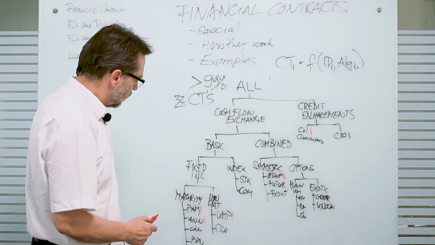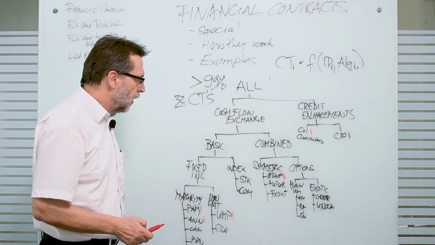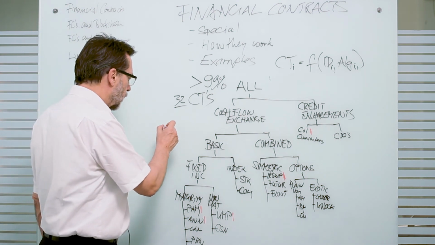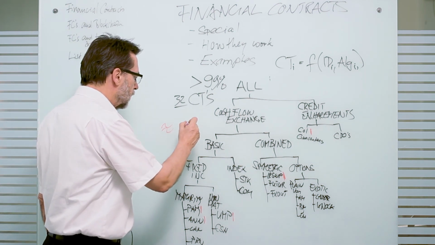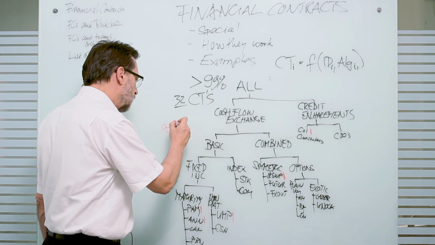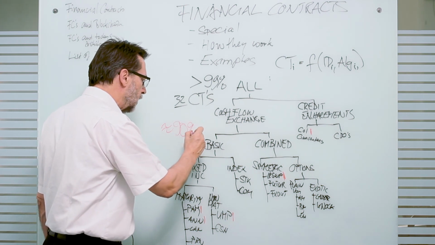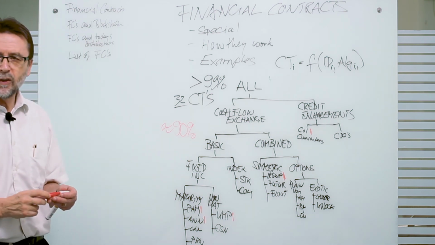So these only 2, 4, 5 contracts probably explain close to 90% of what is out there.